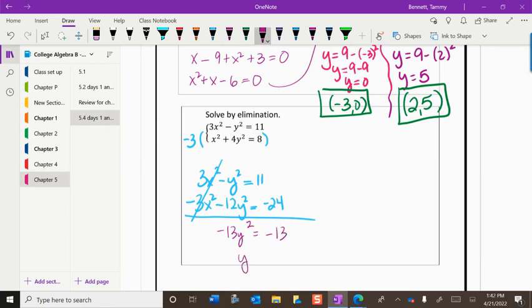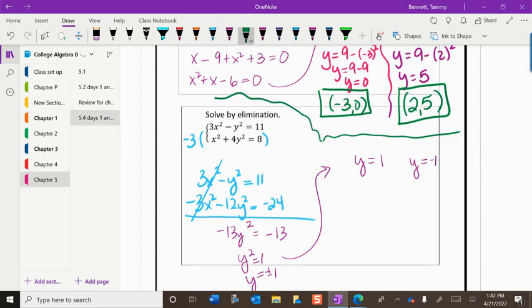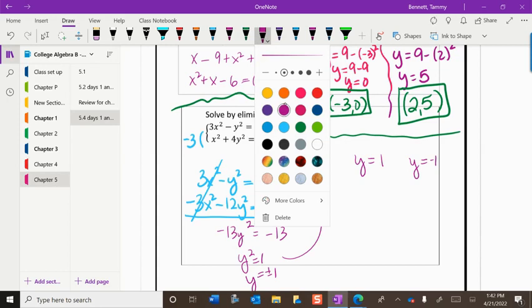So that means y squared is 1. So I have two answers for y, and they are y equals positive 1, y equals negative 1. So y squared equals 1 means y equals plus or minus 1. So like the last problem, now we have y equals 1, so we need to find x.